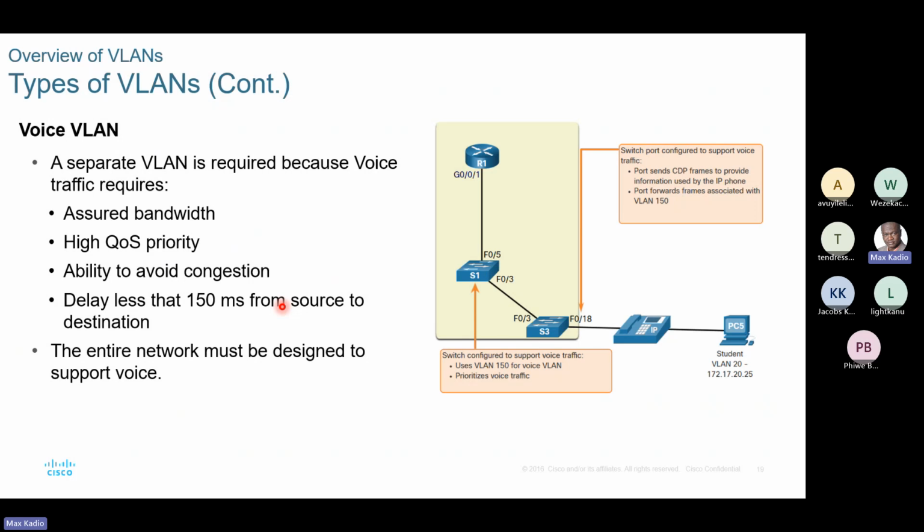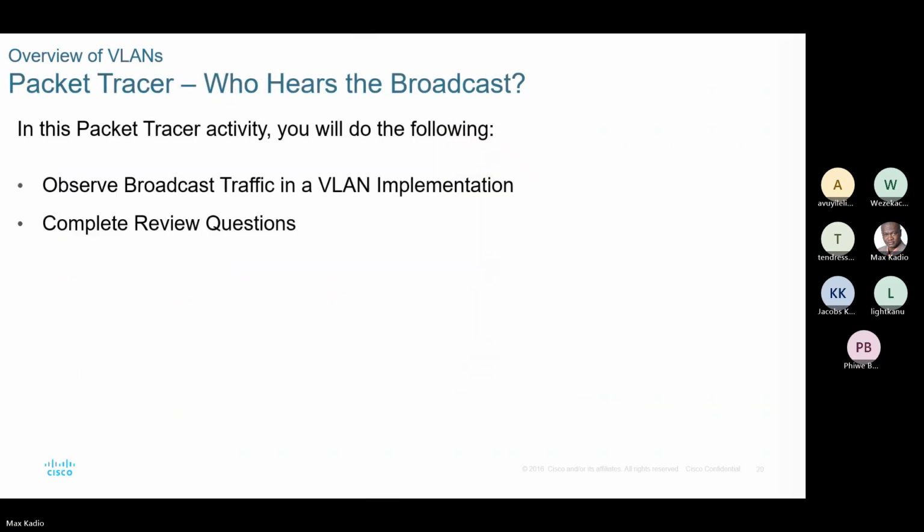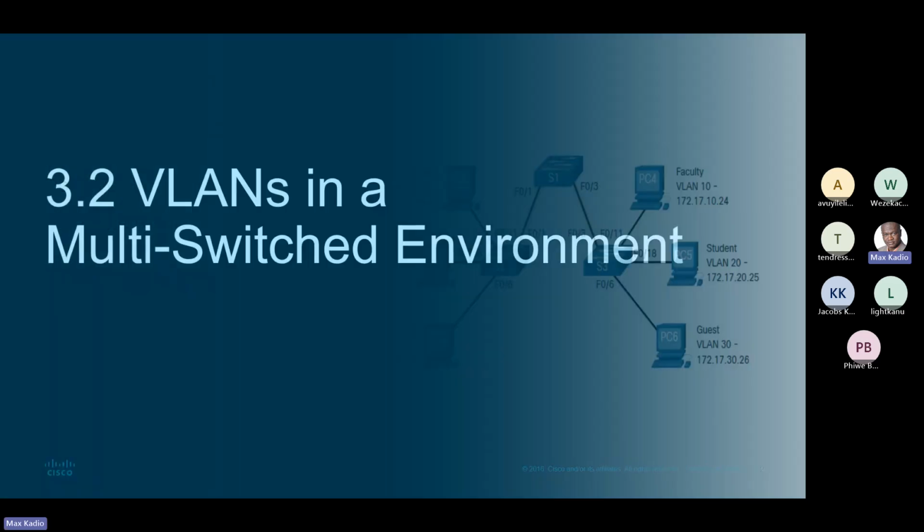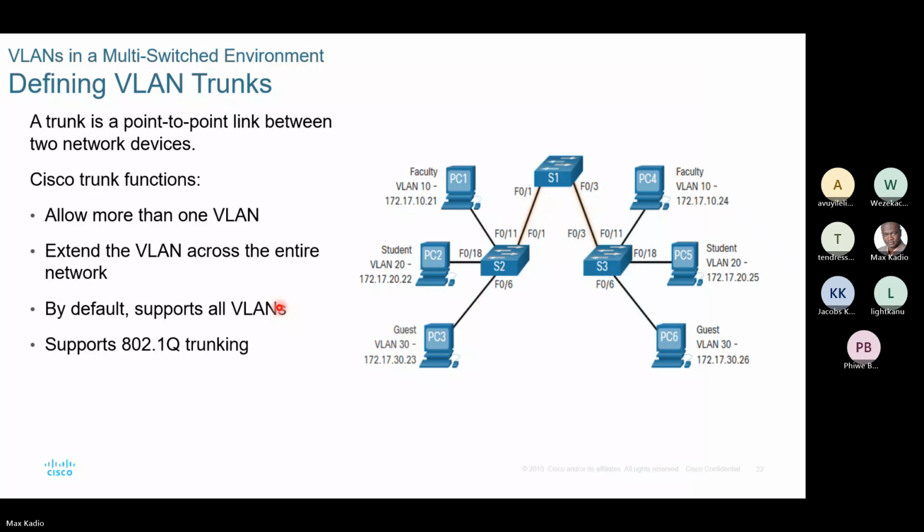Okay, so we know the definition of a VLAN. We know that if you plug your PC to a port, you get linked to a virtual class. You know how many types of VLAN we have. Then how to configure. There is something called trunk.